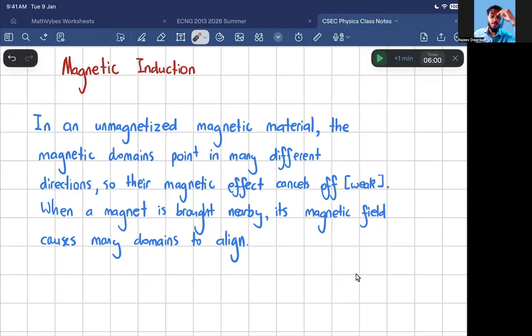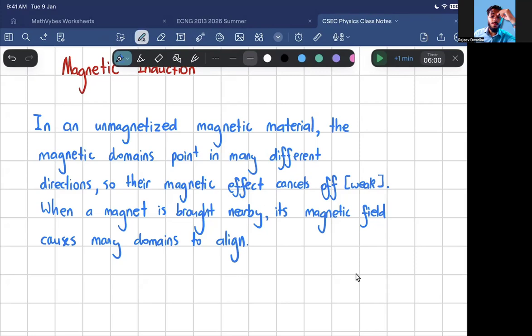If the magnetic domains align, what happens to the magnetic strength? It will get stronger. Exactly, because now everybody is pulling in the same direction, in a sense. So when a magnet is brought nearby, its magnetic field causes many domains to align, right?